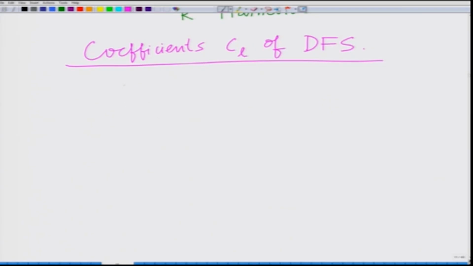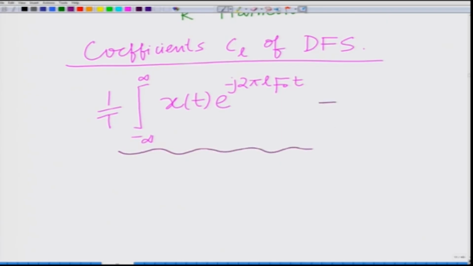Now, let us consider this quantity, 1 over T integral of x of t e to the power of minus j 2 pi L f naught t. We will show that this integral boils down to yield the Lth coefficient Cl of the discrete Fourier series.